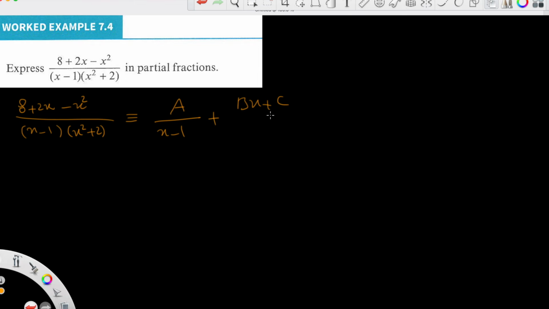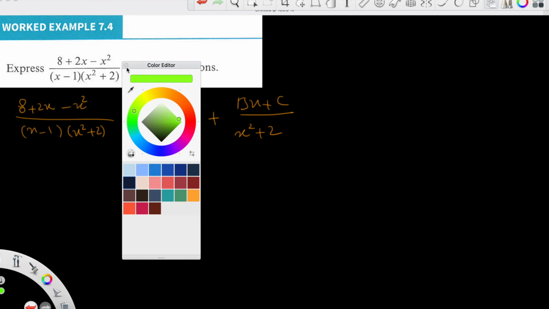Now let's solve one example for this case, case 3. So 8 plus 2x minus x squared over x minus 1 times x squared plus 2 can be written as a over x minus 1 plus, now it's a quadratic factor which cannot be factorized, so we write bx plus c over x squared plus 2.